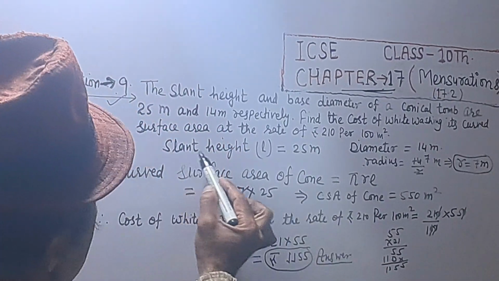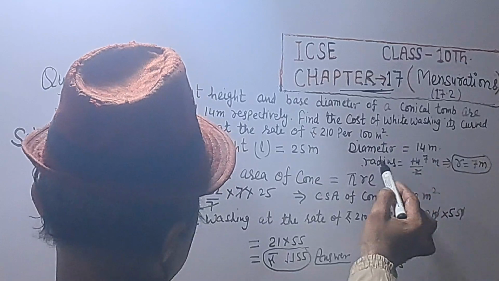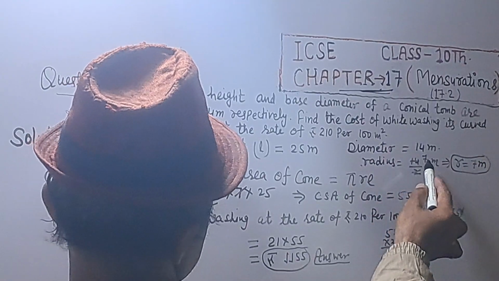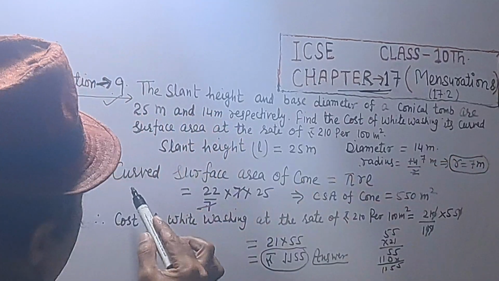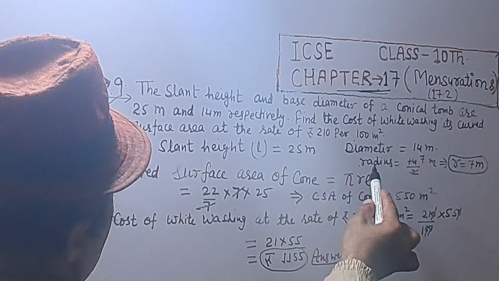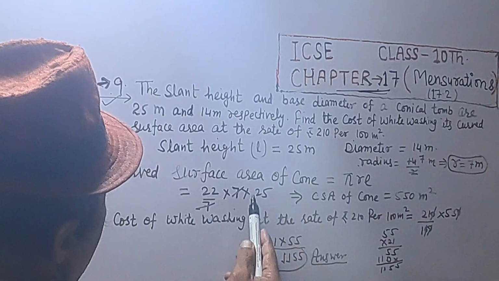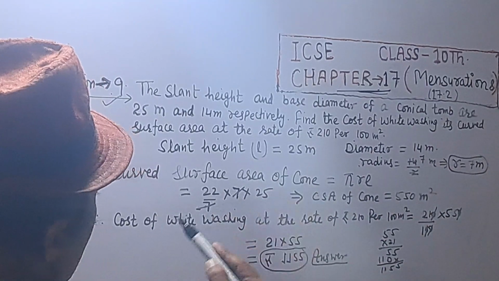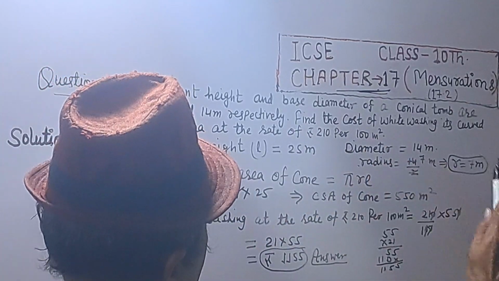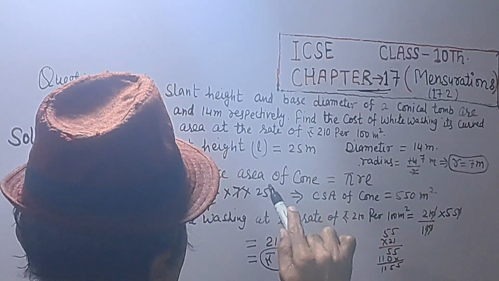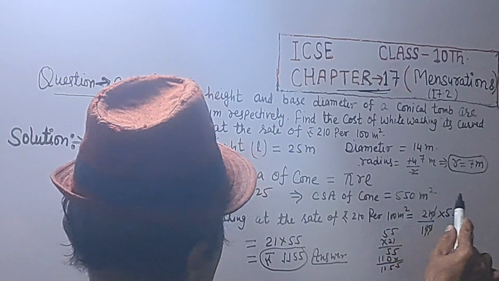Answer. Slant height is 25 meter and diameter is 14 meter. So radius is half of diameter, that is 14 divided by 2 equal to 7 meter. Curved surface area of cone is pi RL, pi is 22 upon 7 into radius 7 and slant height L is 25. 7 is cancelled and curved surface area equals 25 into 22, that is 550 meter square.